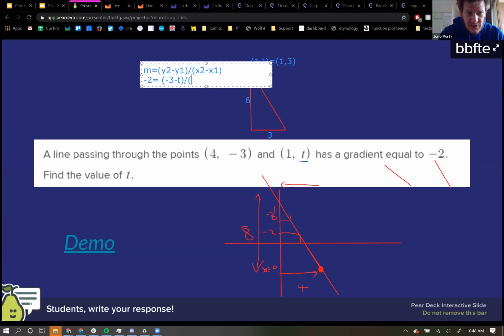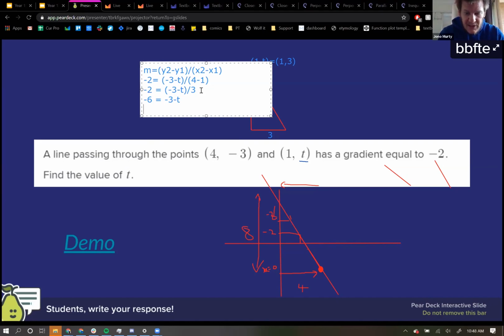Well, we chose y2 as minus 3, so we have to choose x2 as 4 minus 1. Gives us minus 2 equals minus 3 minus t over 3. Take the 3 to the other side, we get minus 6 equals minus 3 minus t. Add 3 to both sides, we get minus 3 equals t.